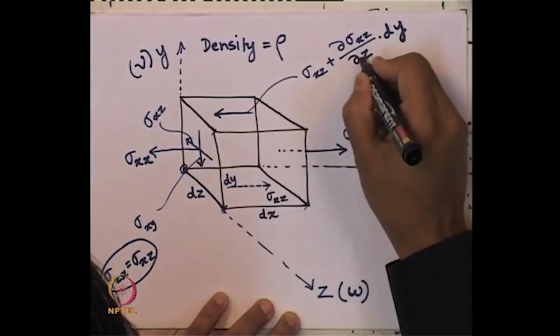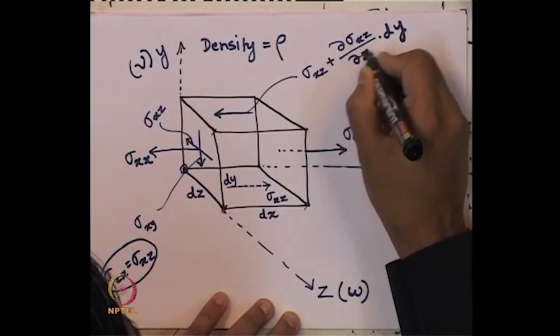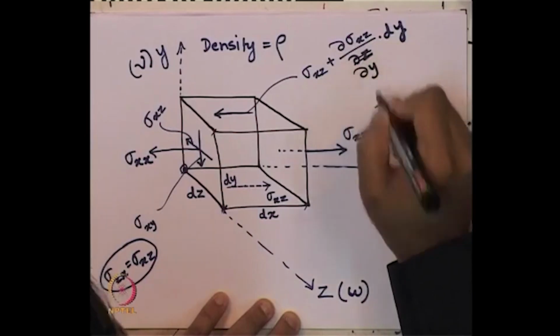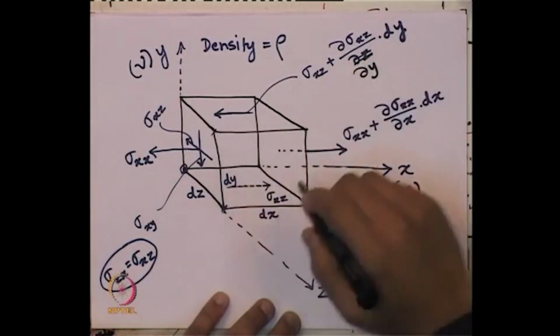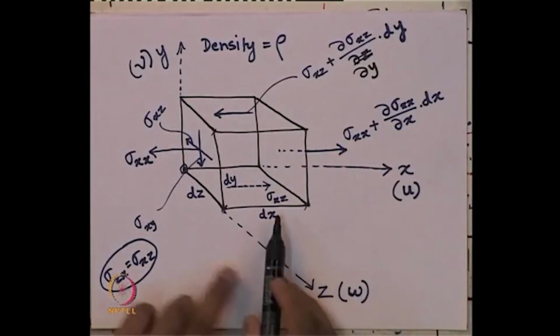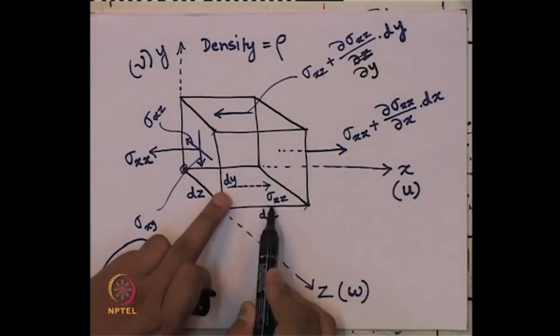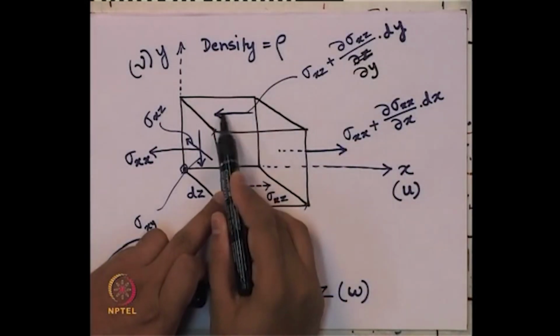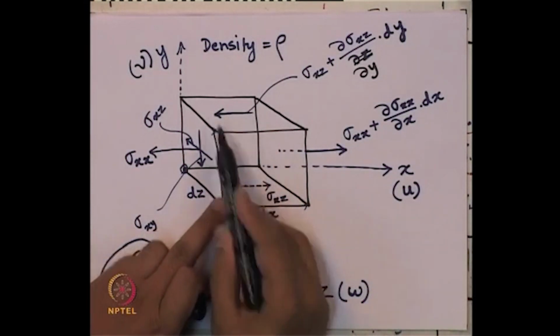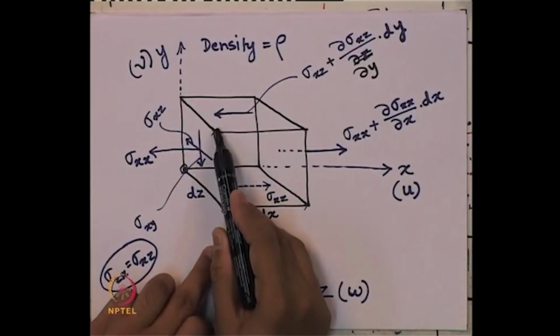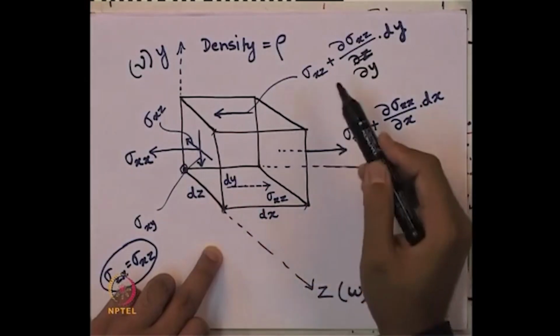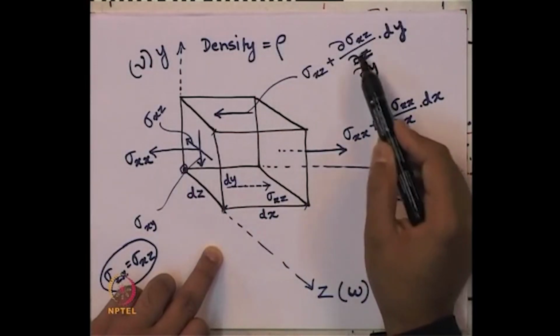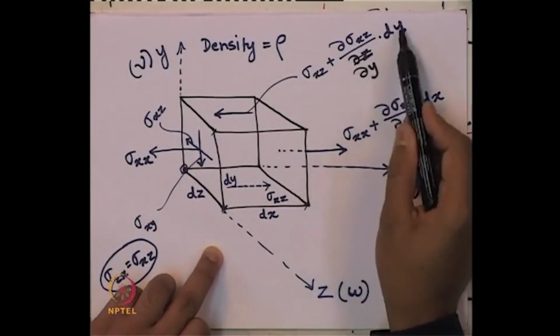So, this should be not del z, this will be del y over the distance of dy. Because see here it is sigma x z, when it goes to this face, it moves by a distance of dy. Okay. So, its change will be over the length of this dy. So, del y times dy.